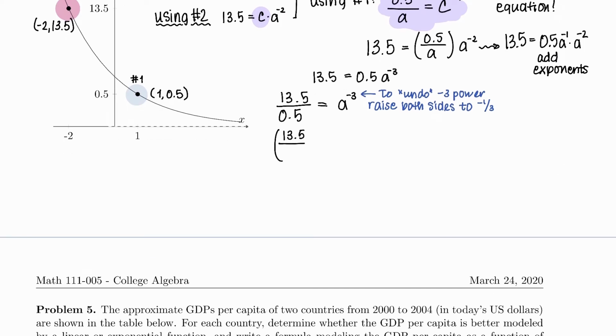So let's do that. So we get that A is equal to 13.5 over 0.5 raised to the negative 1/3.